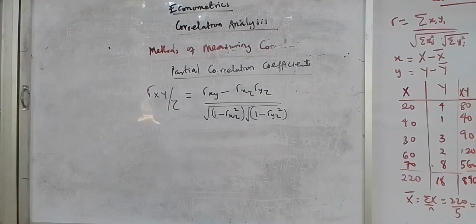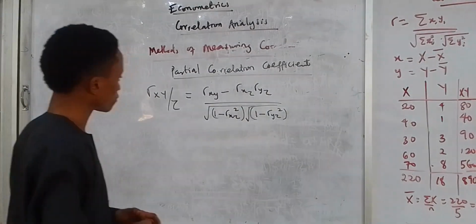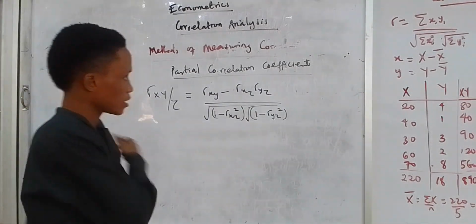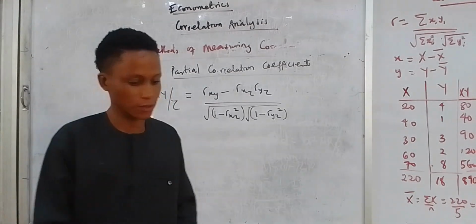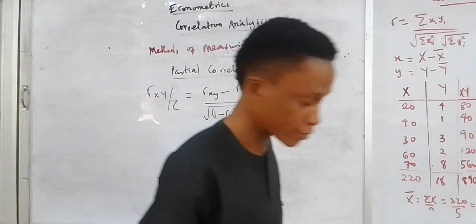Now, this is the formula for partial correlation. Let's see how we go about this for three variables here.